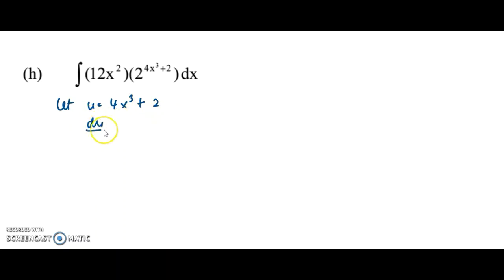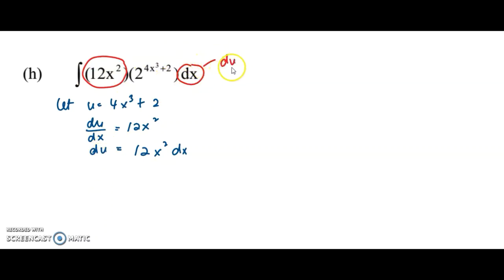After you set your u, you find the du/dx as 12x squared. So you can see that the 12x squared is here. You combine with the dx, it can be substituted as du. I bring up the dx, I get 12x squared dx. So 12x squared dx can be replaced by du.